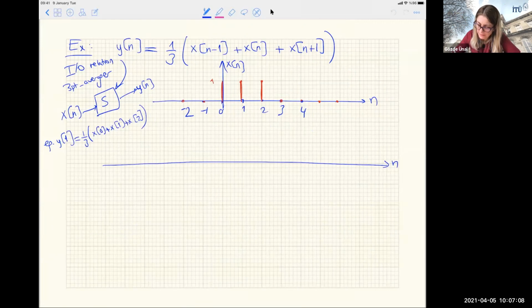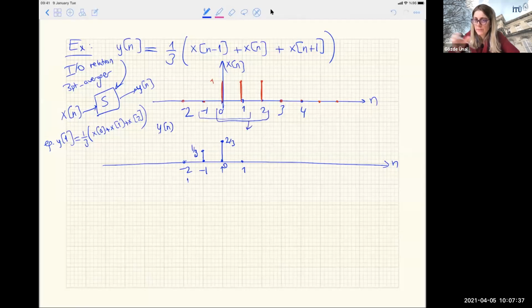So for instance, at -1, I'm trying to draw y of n now, plot. This time you see it's looking at values at 0 and -2. So I'm going to have a 1 over 3 here, right? At 0, now I will look at these two guys. So it's going to be 2 over 3. Now at 1, I'm really looking at my 2 neighbors.